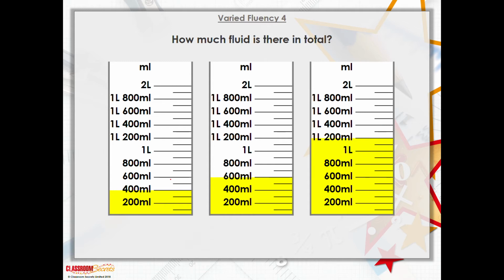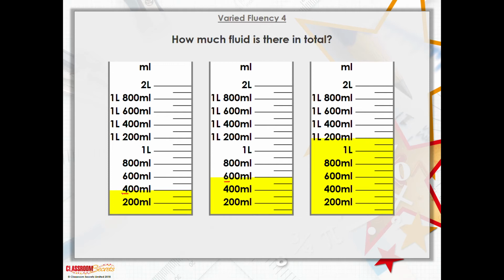So let's have a look at these first 2 containers. We have 400 millilitres and we have 600 millilitres. Now I know that you all know that if we have 6 and we have 4, that's one of our number bonds to 10. So if we had 600 millilitres and we added on 4 more hundreds, we would get to 1,000 millilitres.